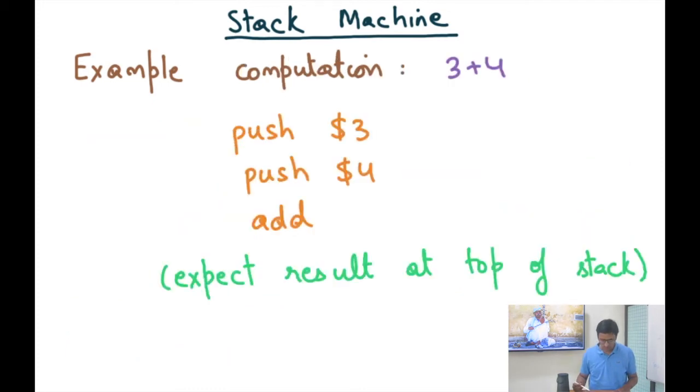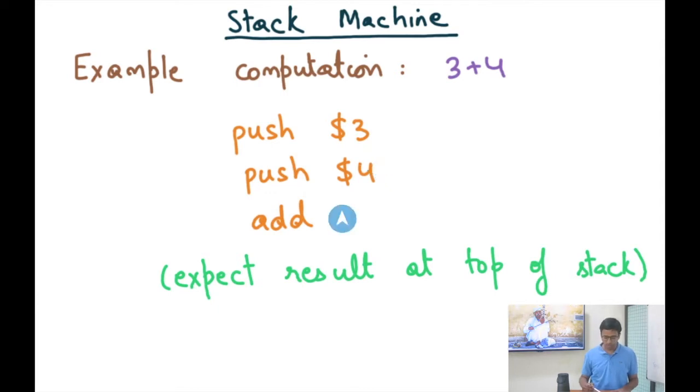All right. Here is an example computation. So let's say I wanted to compute 3 plus 4 on this particular stack machine. Then I'm going to first push 3. By dollar I mean it's a constant 3. So I'm going to push the immediate value, constant value 3. Then I'm going to push the constant value 4. And then I'm going to execute the add opcode. The add opcode is going to pop off the top two words, which in this case are going to be 3 and 4.